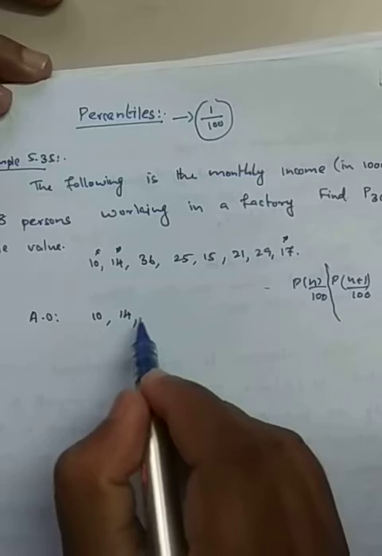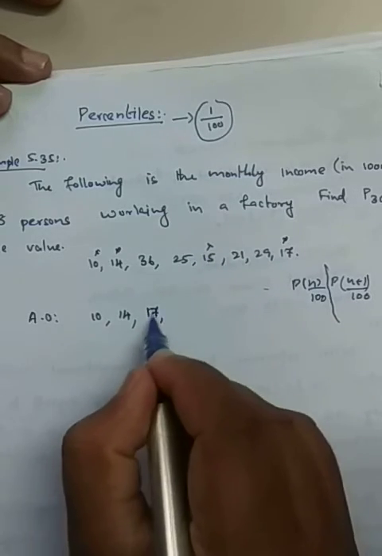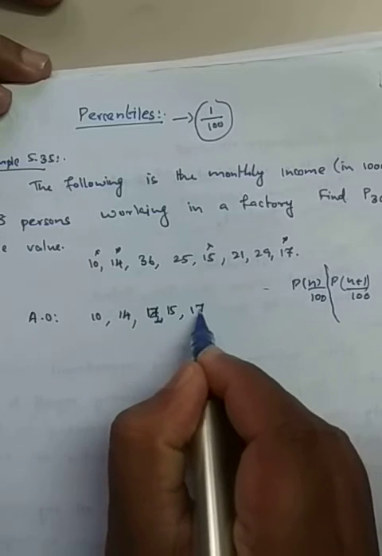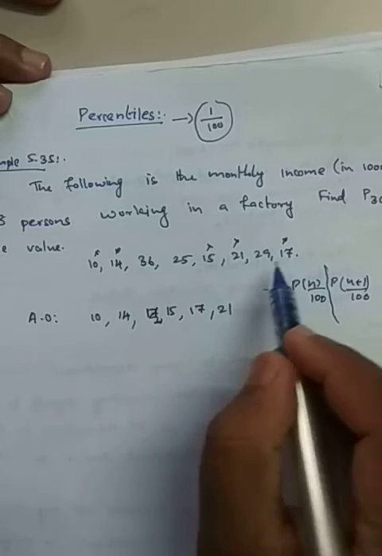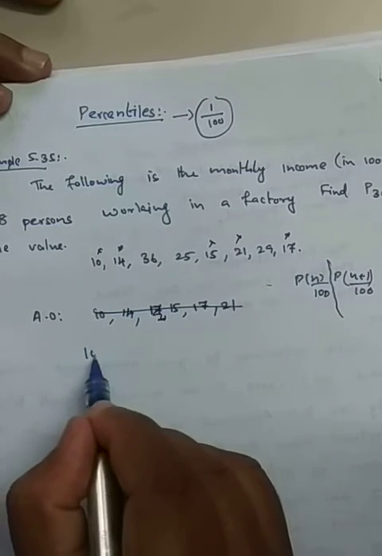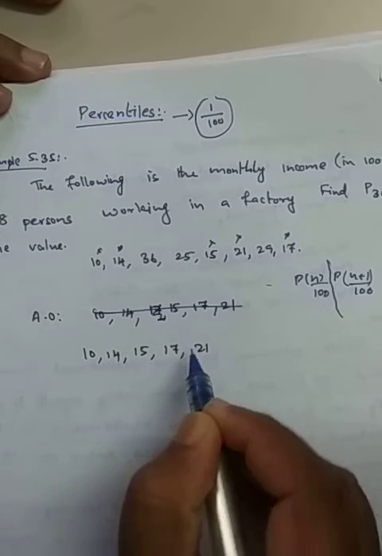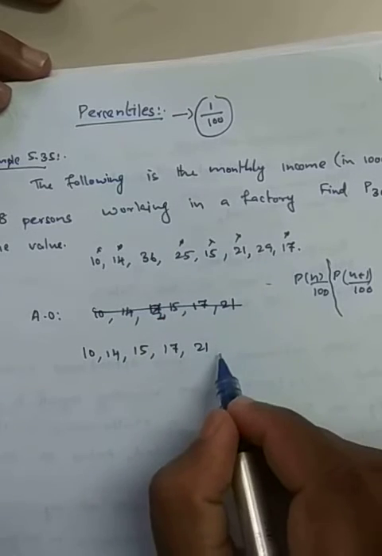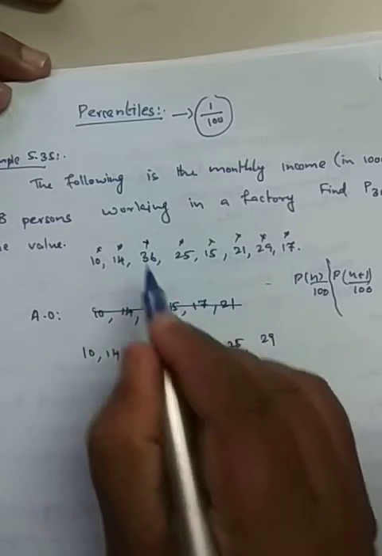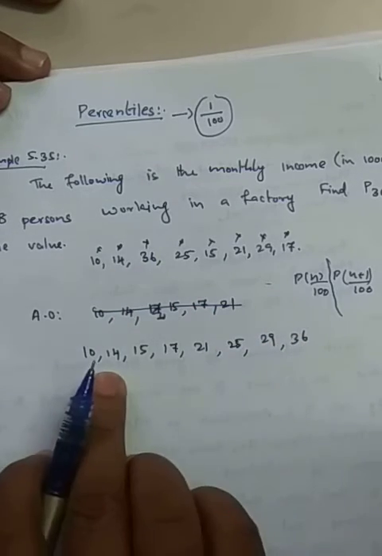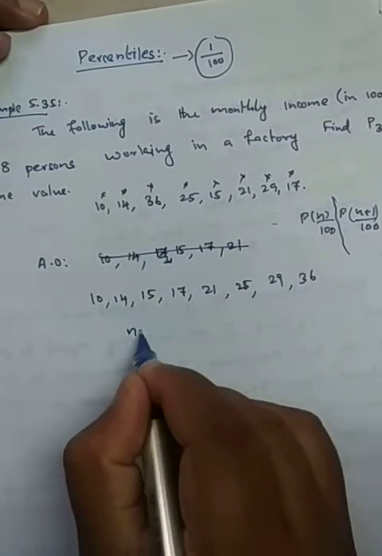Next 15, then 17, after 17 comes 21. So I write here 10, 14, 15, 17, 21, then 25, 29, then 36 is coming. So count it: 2, 4, 6, 8. So the n value we are getting is 8 here.